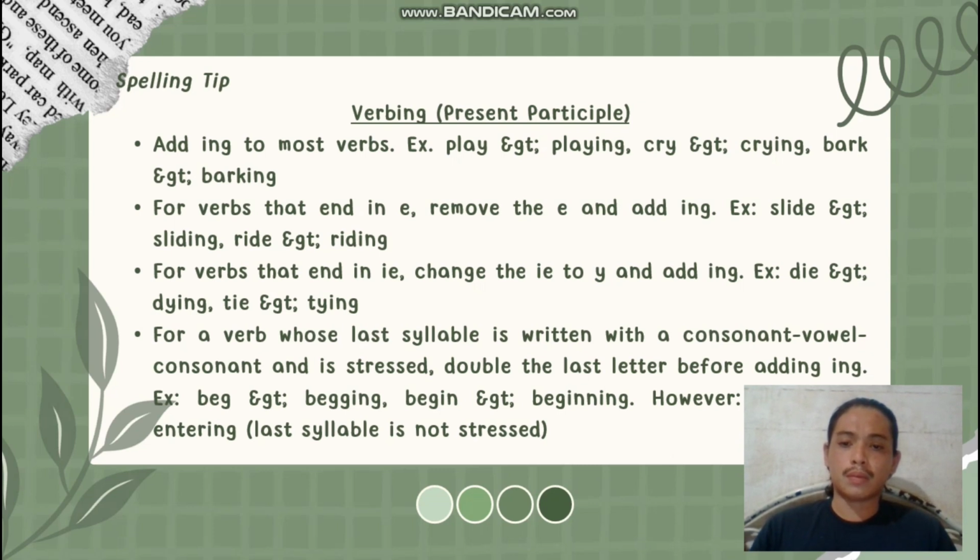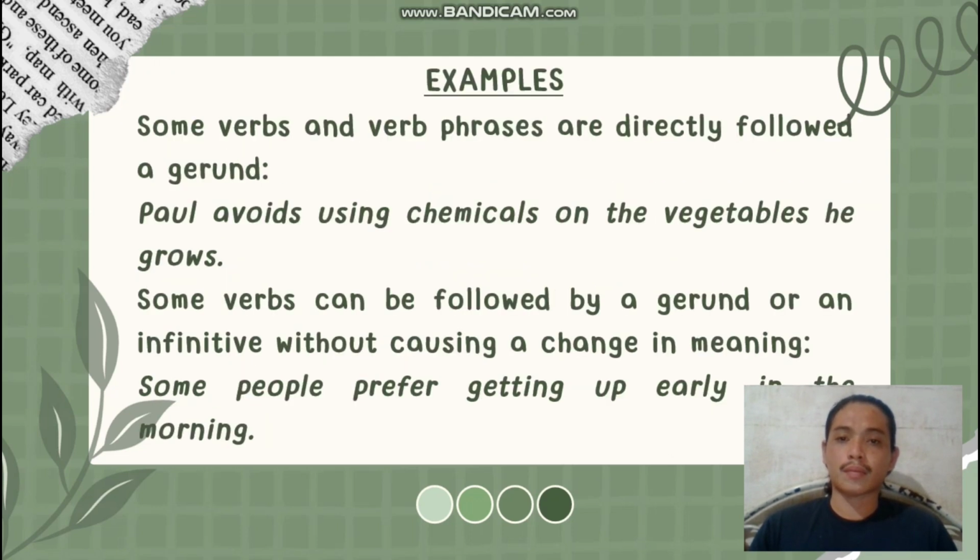For a verb whose last syllable is written with consonant, vowel, consonant and stressed, double the last letter before adding ing: beg, begging, begin, beginning; however, enter, entering.